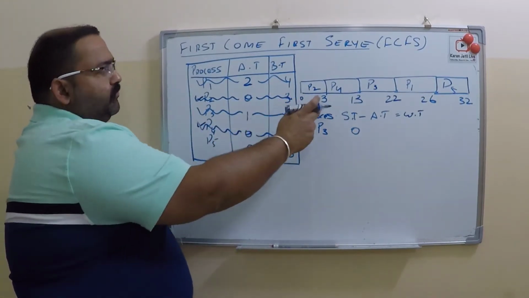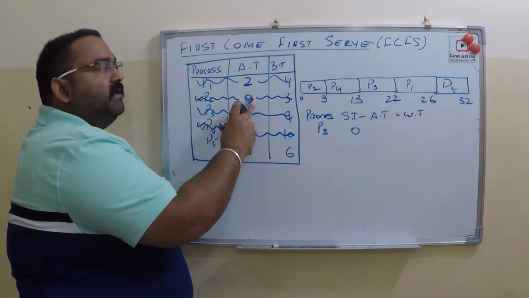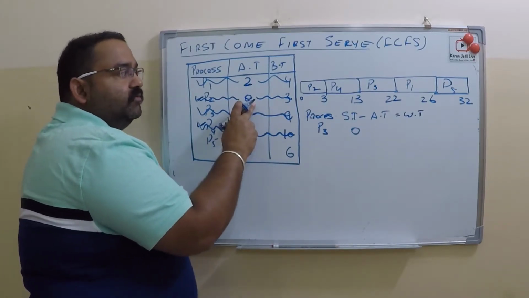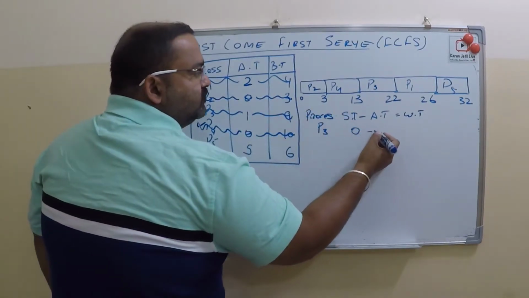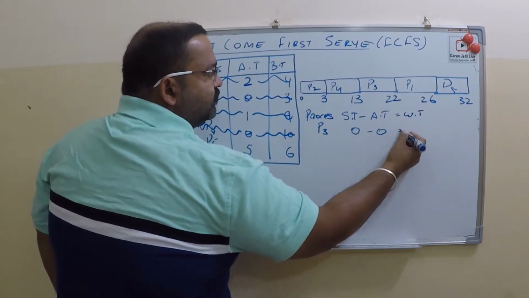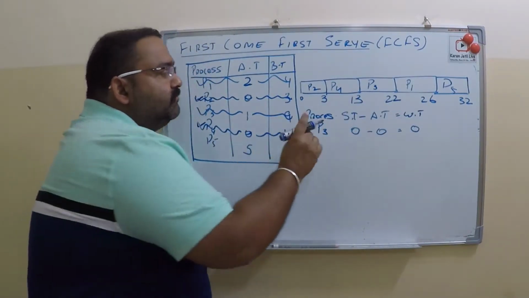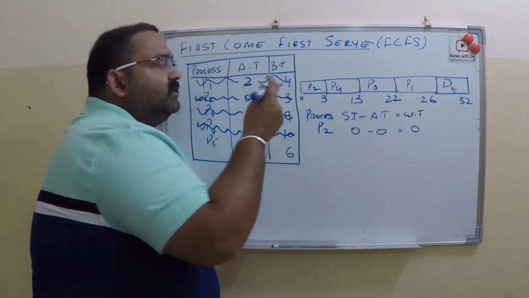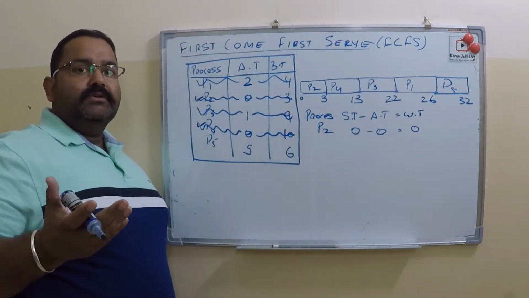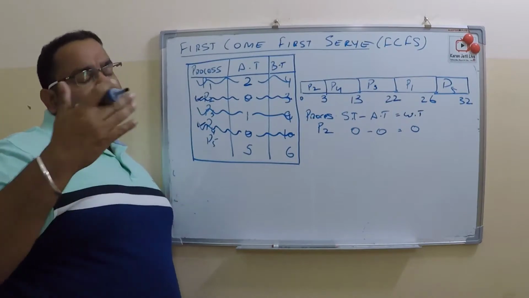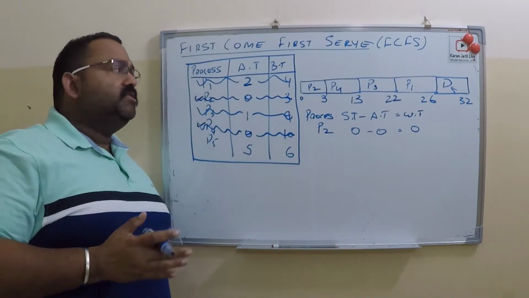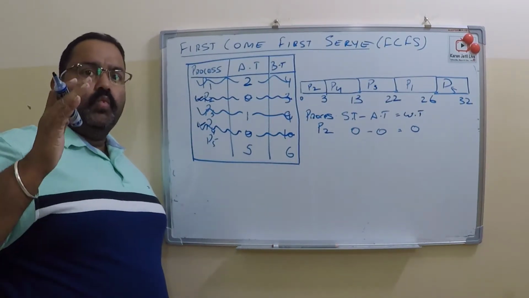Sorry, our process is P2. What was the arrival time of process P2? That was 0. So 0 minus 0 will give you 0. The waiting time of process P2 is 0. When it came, at the same time it got the CPU and it did not have to wait.